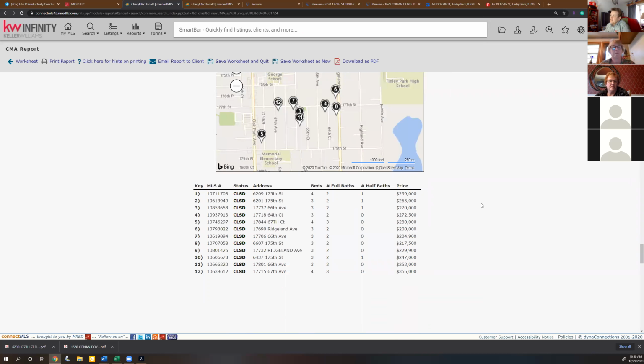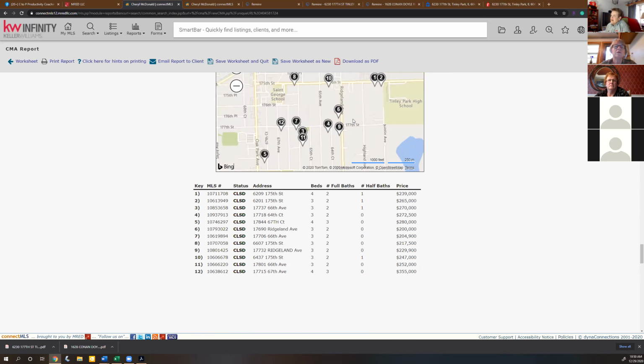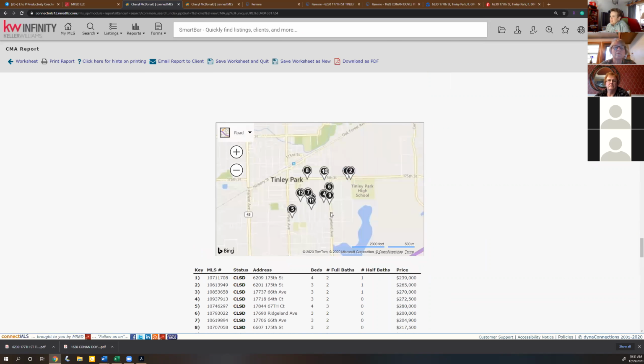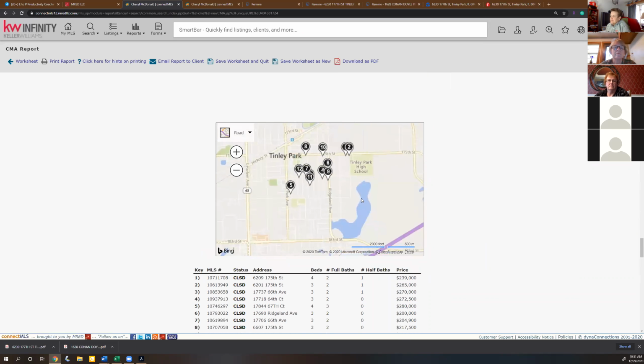Okay, so here's these houses again. So I live right here. So we know that there's nothing, again, really for sale right by where I live.